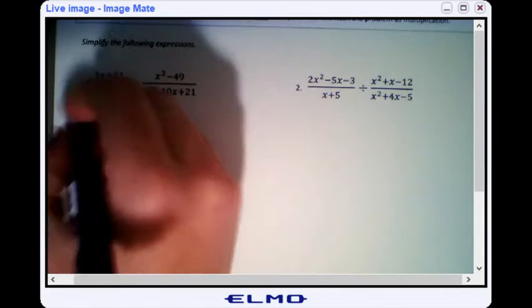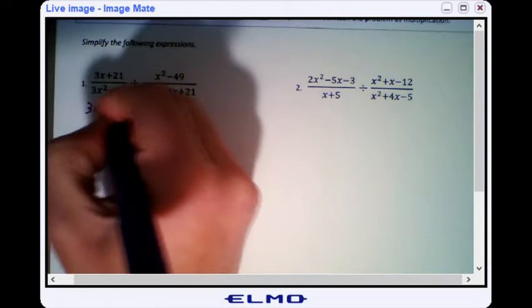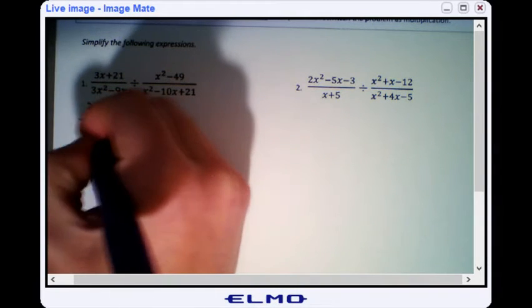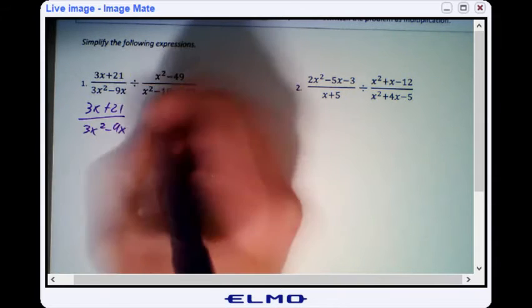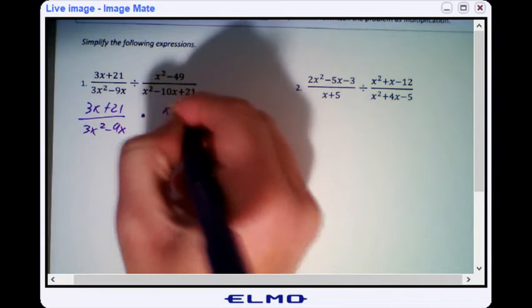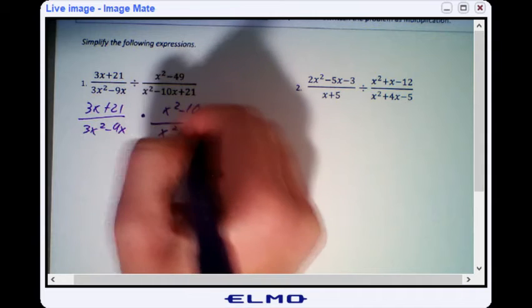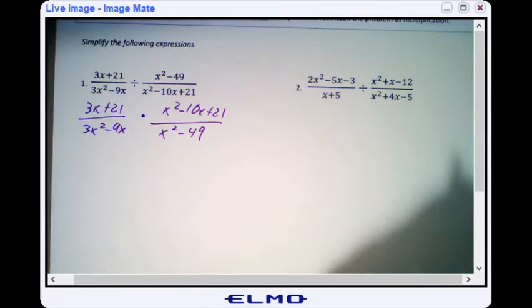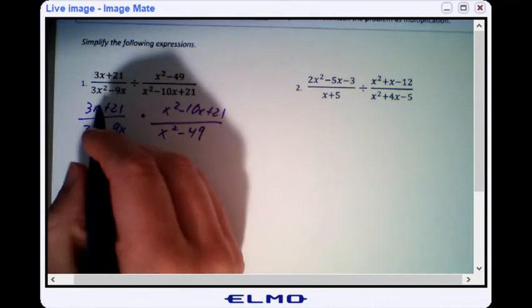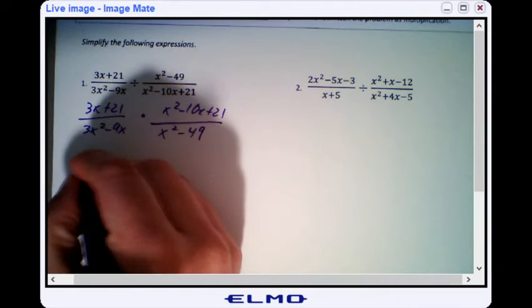So for problem 1, we have 3x plus 21 divided by 3x squared minus 9x times x squared minus 10x plus 21 divided by x squared minus 49. I'm going to go ahead and factor what I can factor. On the left numerator, I have a GCF of 3.